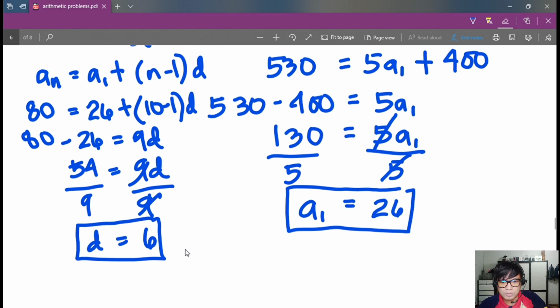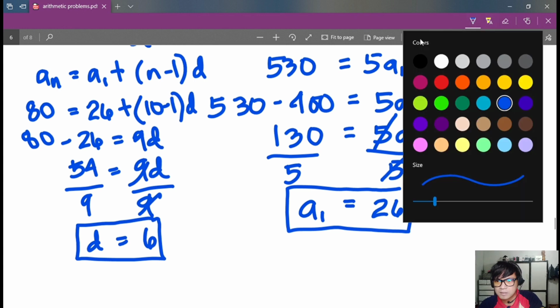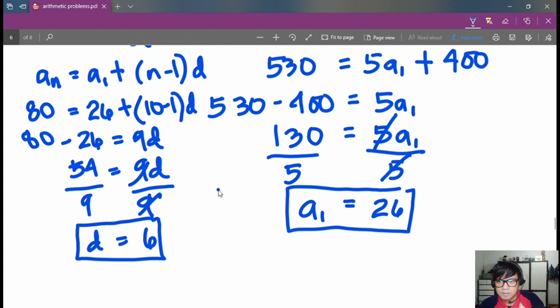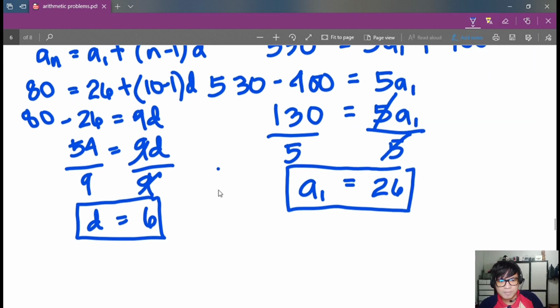Erase muna natin dito sa baba. So, the first term is 26. Common difference natin is 6.